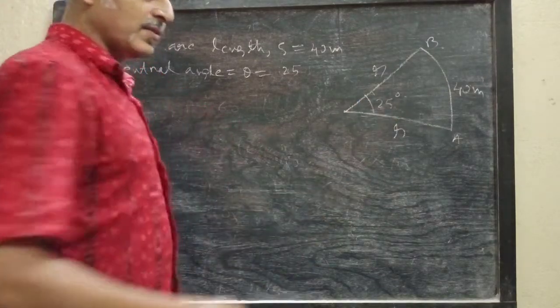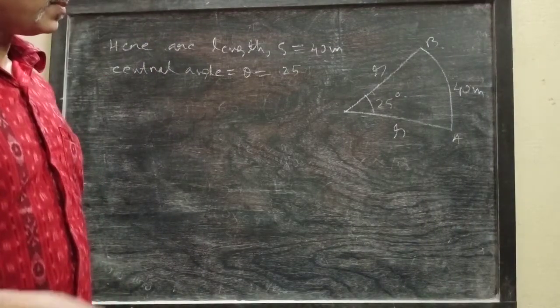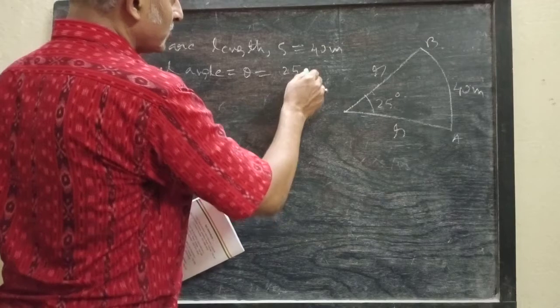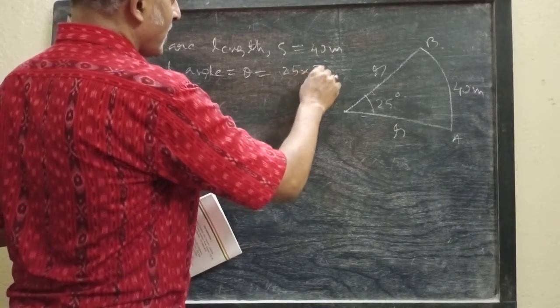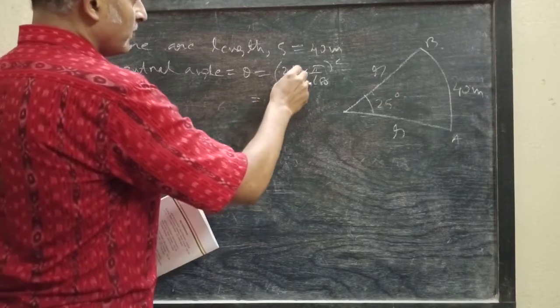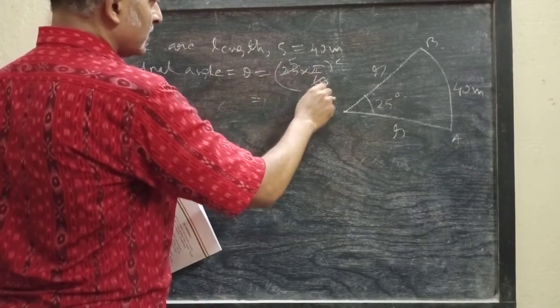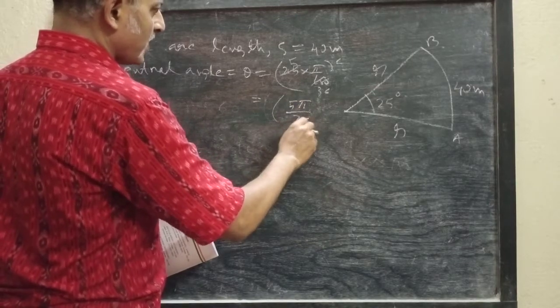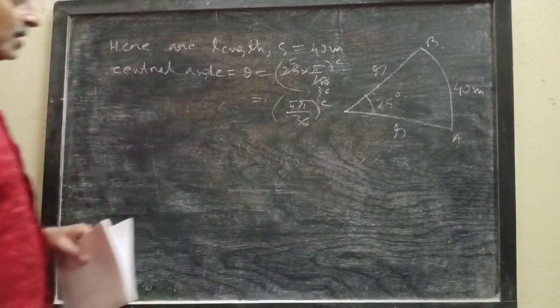Here it is given 25 degrees, that is sexagesimal measure. You have to shift it to its circular measure, so you multiply 25 by pi by 180. This will be in radian. So you get 5 pi by 36 radian.